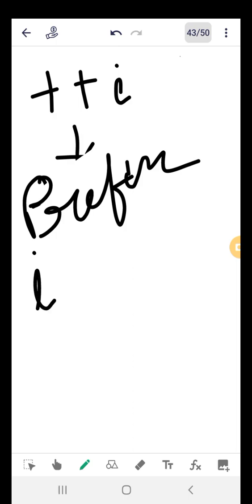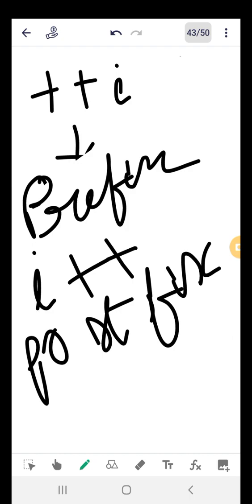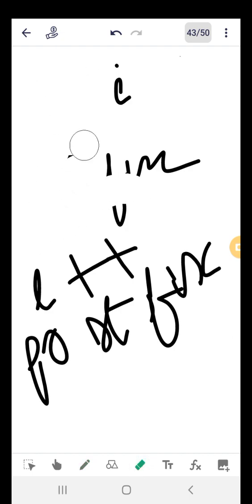And if you write I plus plus, it is a postfix unary operator, or unary increment. If it is minus, then it is decrement. So plus plus I is prefix unary increment, and I plus plus is postfix unary increment. Now both are different in an expression.